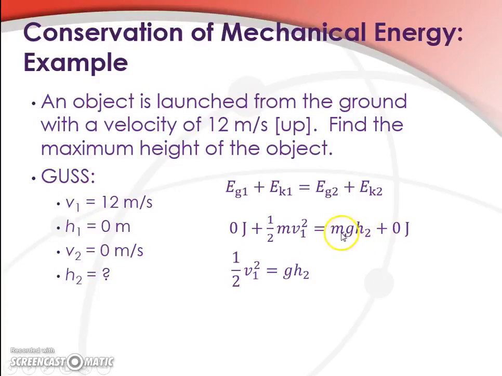But notice that mass is on both sides, so we can divide both sides by mass and get a much simpler equation. 1/2 v1 squared equals gh2.